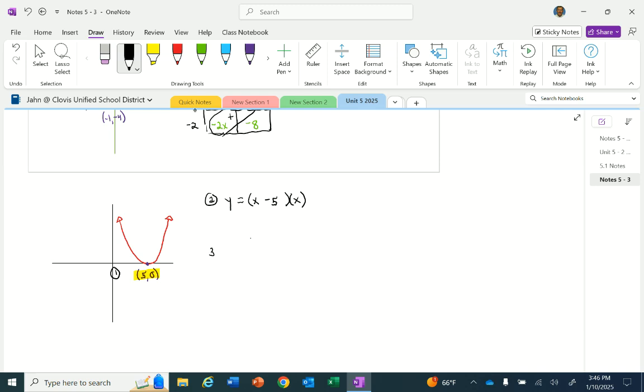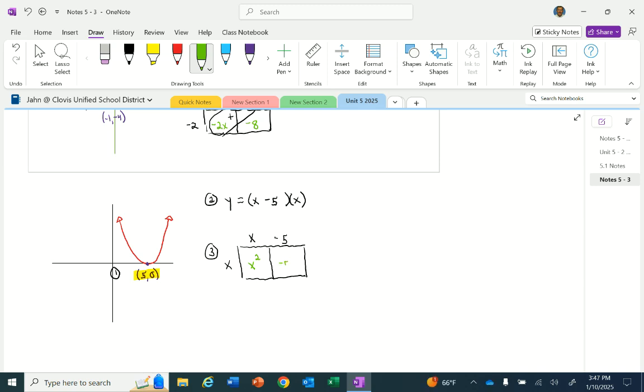Then step 3 would be use the area model and multiply out step 2. Now, for this one, when we use the area model, we're only going to have a 2-part area model. X minus 5 along the top, x along the side. Okay, the reason there's only 2 boxes, so to speak. And now we're going to fill them out. The left box would be x squared, the result of x times x.